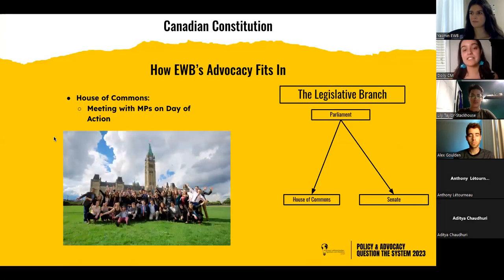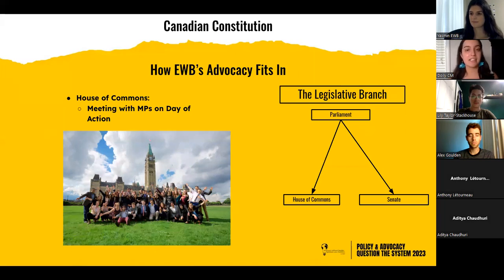And so how advocacy fits in within EWB here is that we want to meet with MPs on Day of Action. That is super important because while it is really important that the Office of the Prime Minister as well as the Cabinet hear us, we also need to make sure we have buy-in from different parties and different regions of Canada. A great example is that in Alberta, I think 86% of our representatives are from the Conservative Party.